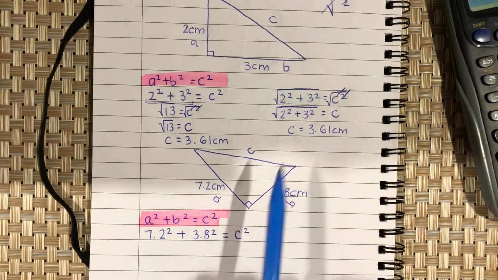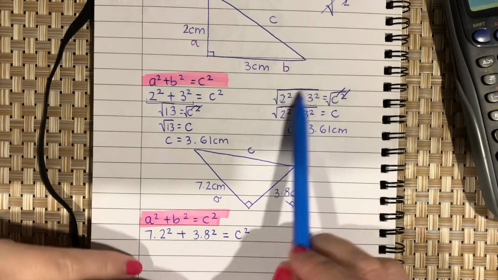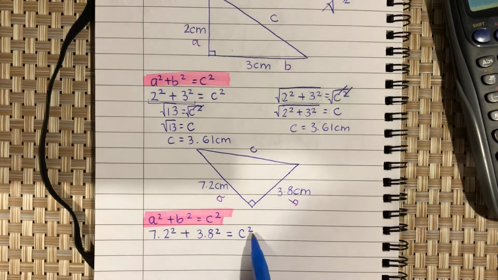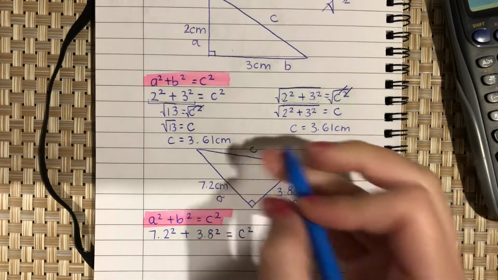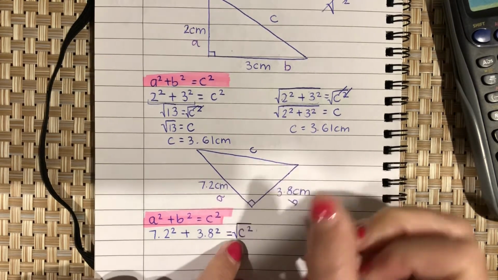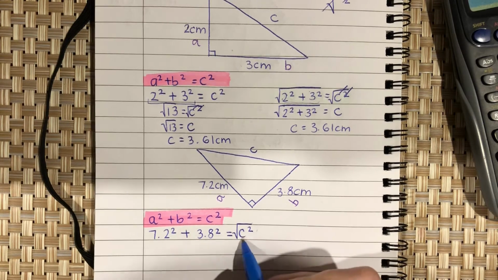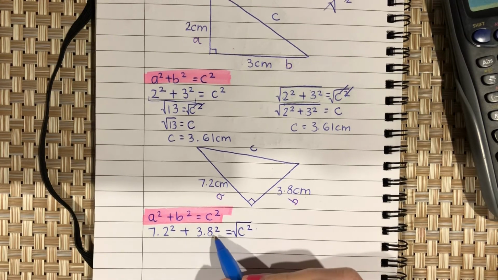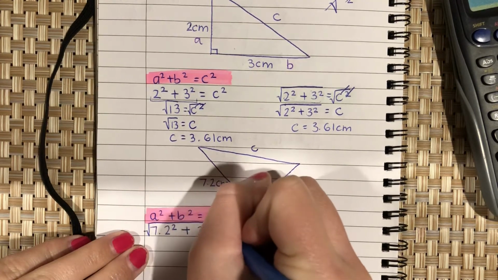Now, like I said before, I'm going to work it out using this step over here. To get the C by itself, we need to square root this so that the square root can cancel out with our squared. And if I'm doing it to one side of the equal sign, I must do it to the other. So I'm going to square root all of that.